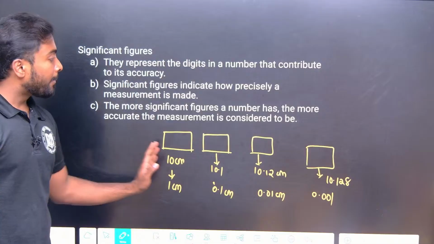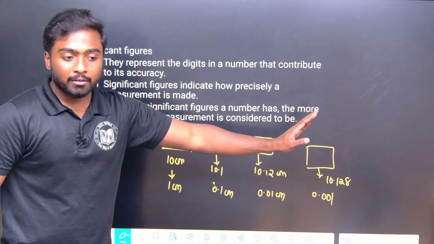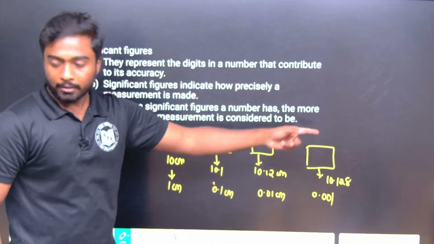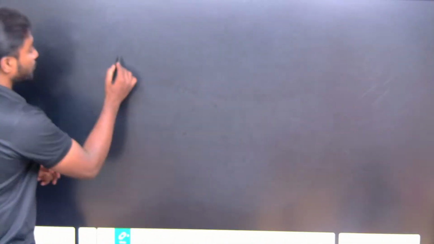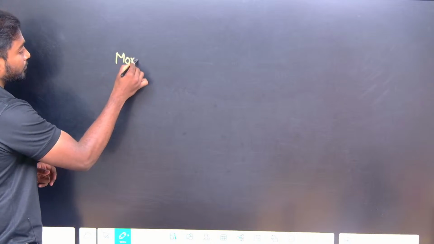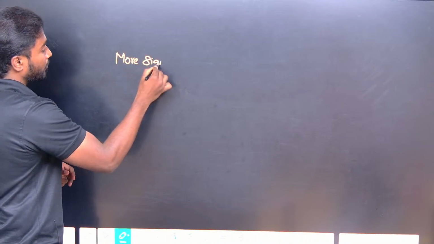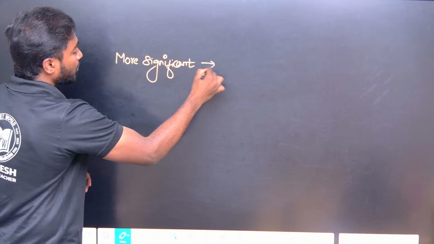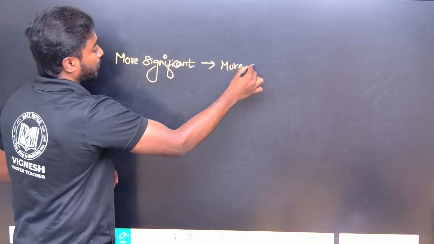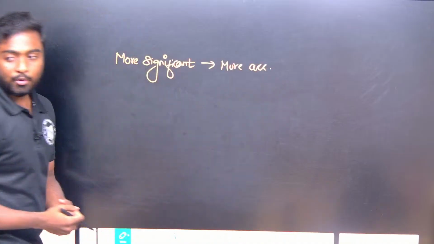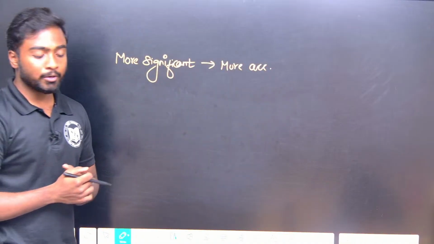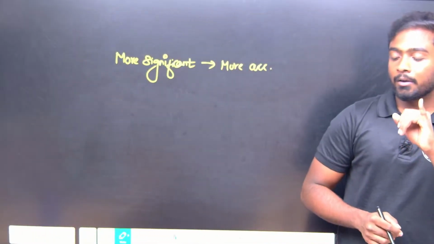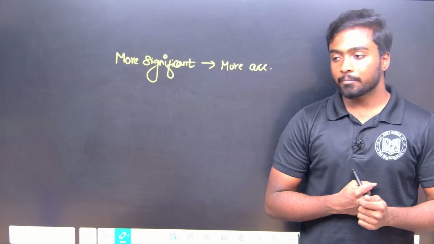When the significant numbers are increased, there is more accuracy. Okay, this is the important point you need to keep in mind. When significant numbers are increased, it has more accuracy.